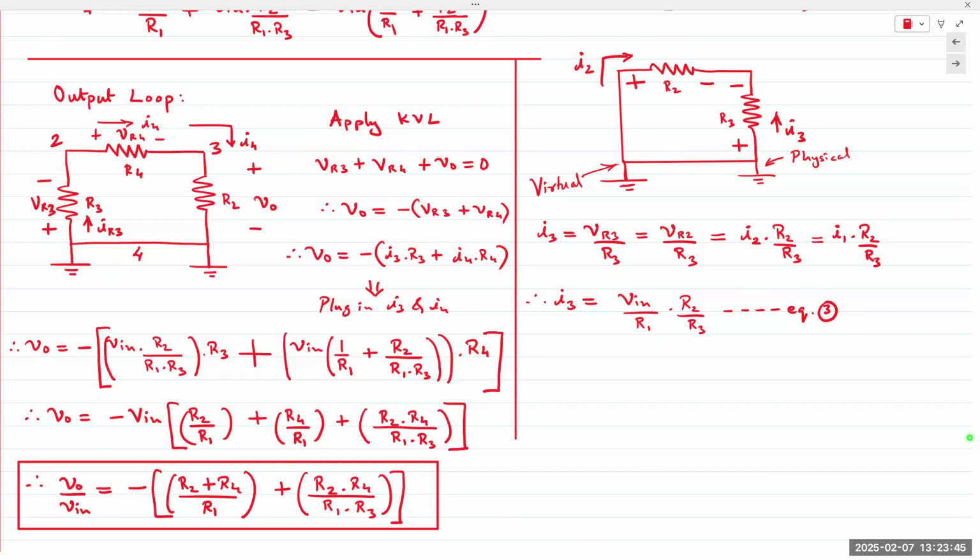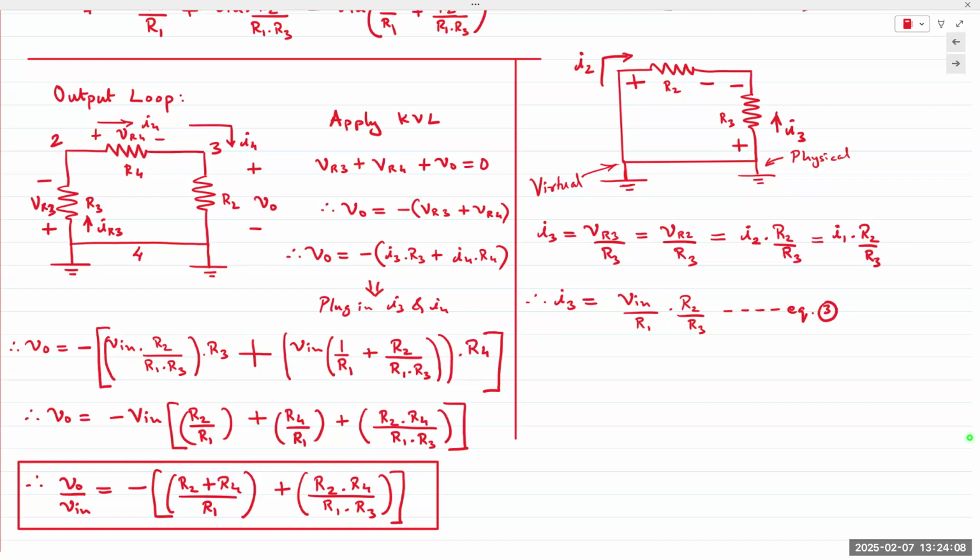Okay. All right. So here again, R2 and R3 are in parallel, and because they're in parallel, I can state that the voltage across R3 and voltage across R2 is the same. Okay. And the currents are moving in the exact same direction. So the voltage polarities are also the same.